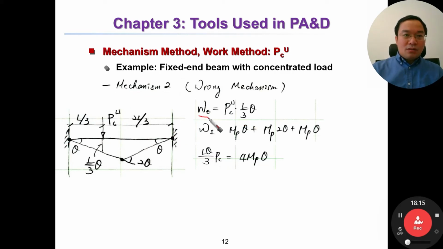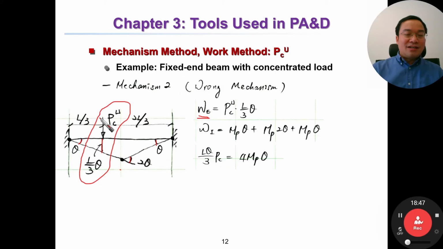External work is PC multiplied by this displacement. If we assume this mechanism with angle theta, then because it is at the middle, this angle should be 2 theta, and this displacement is 1/3 of L theta. So that is why we have the external work equal to this one.